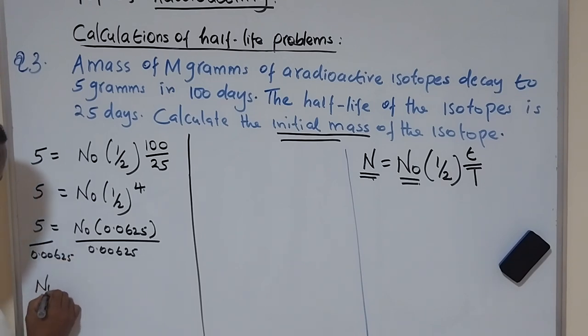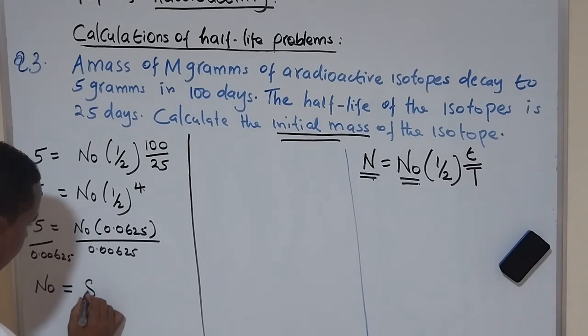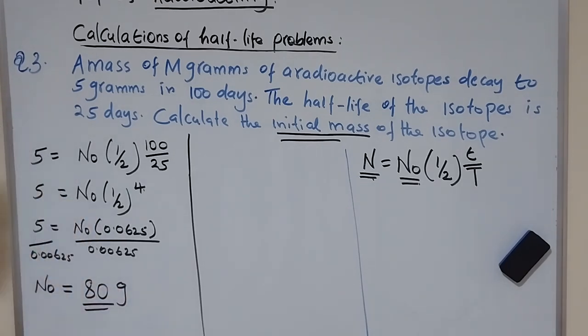So N0 is equal to 5 divided by 0.0625, will give us 80. So in grams, the initial mass of the isotope is 80.